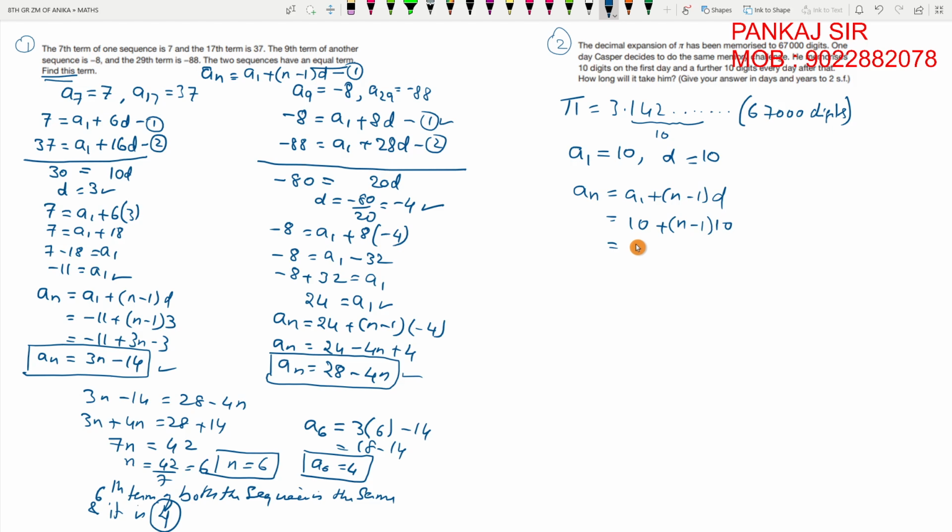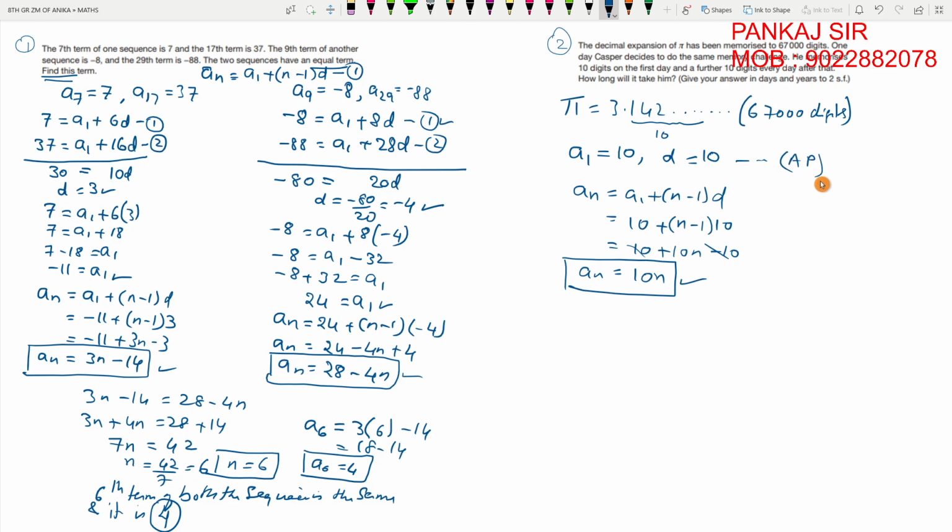If I simplify, I get 10 plus 10n minus 10, wherein the 10 and minus 10 cancel, and I get an is equal to 10n. So this is the general term formula for this particular AP.